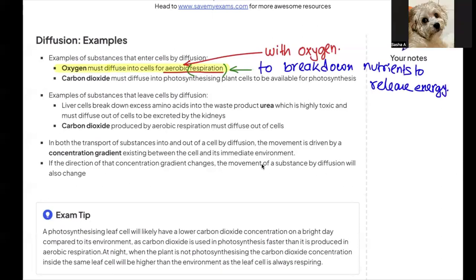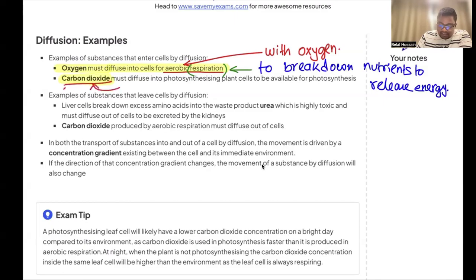Correct. Very good. So this produces carbon dioxide. And once carbon dioxide is produced, what is it? It's a waste for respiration.